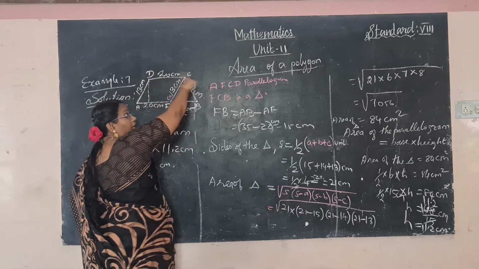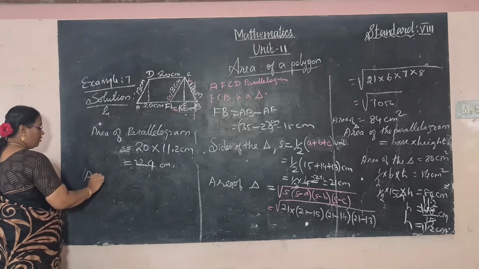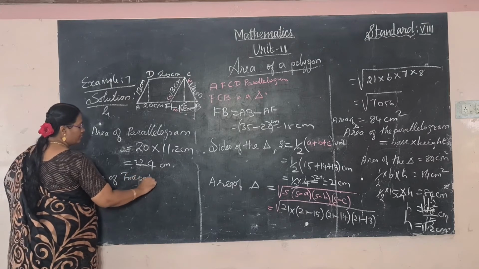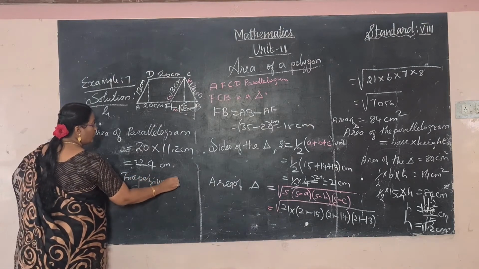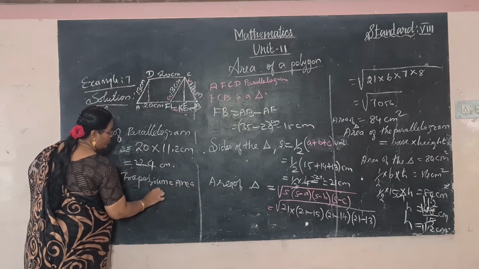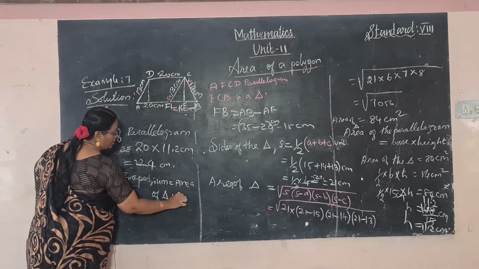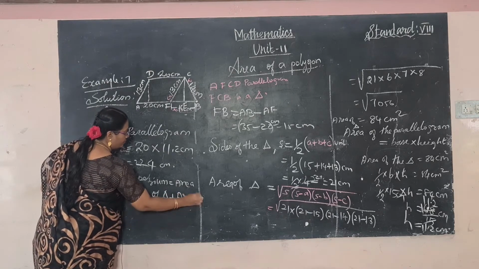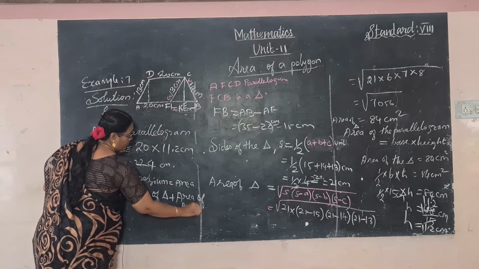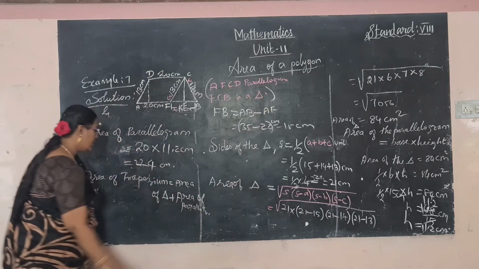Now we have to find the sum of these two shapes. Then only we get the trapezium. Okay. So area of trapezium is equal to area of triangle plus area of parallelogram. Right.